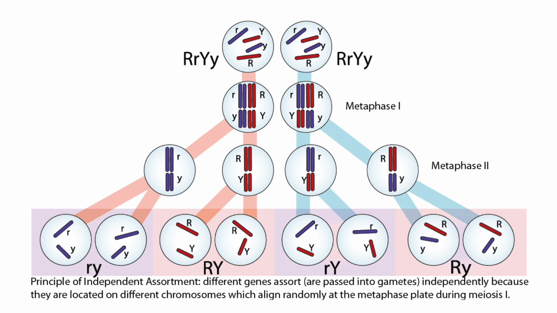So we can see this by looking at an illustration of meiosis. Here we're starting with two different genes, and we can see that they get initially duplicated. These two different chromosomes get duplicated, and then through meiosis 1, the duplicated chromosomes segregate into distinct daughter cells.